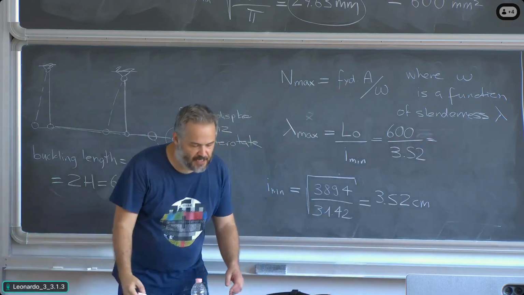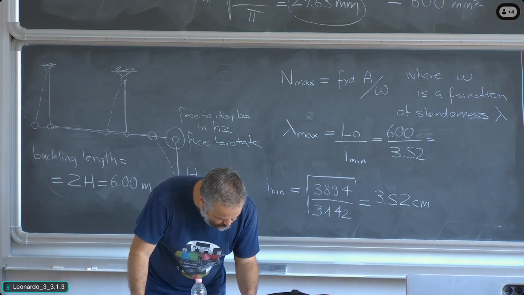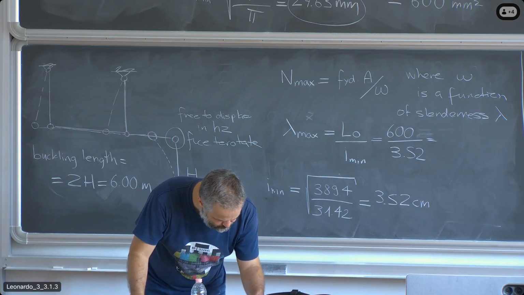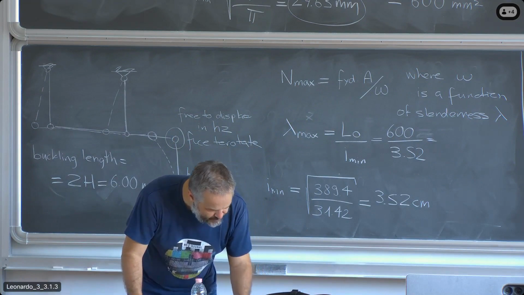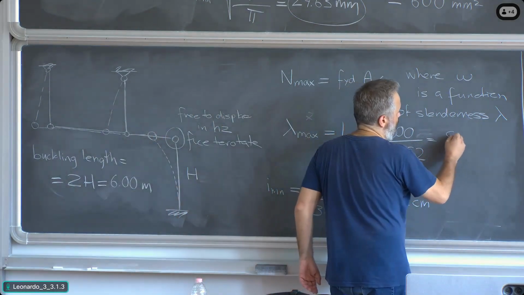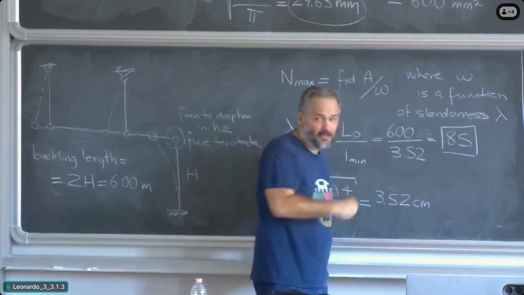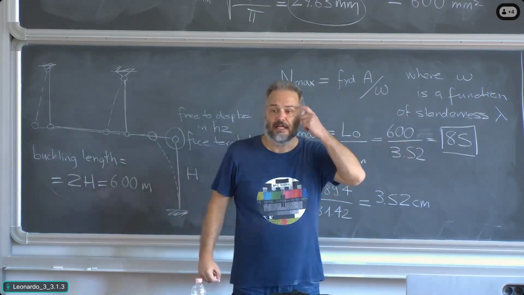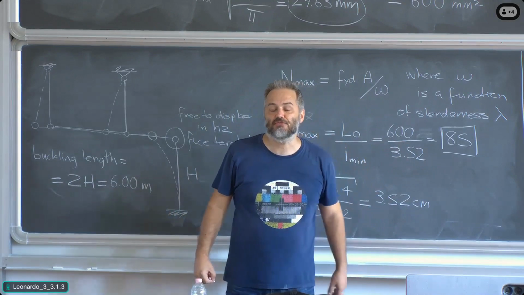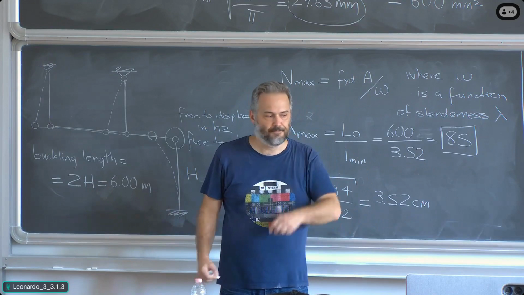How much is this slenderness? 85.2, which I'm going to round to 85. Dimensionless number. Lambda is a ratio between lengths. It has no dimensions. It's a pure number. Okay?